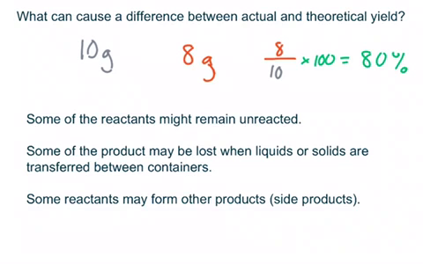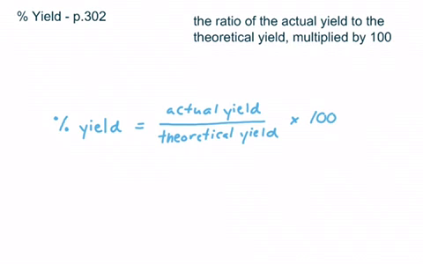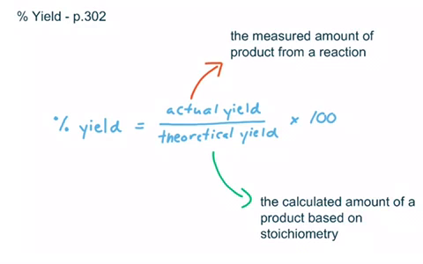And so now that we've talked about some potential explanations for the difference between actual and theoretical yield, let's go on to actually use these terms to find percent yield. Just as a reminder, percent yield is a ratio of the actual yield over the theoretical yield times 100. So please make sure you've either highlighted or copied down this formula, since we'll be using it in the next few problems. As we work these problems, we're going to need 2 pieces of information.